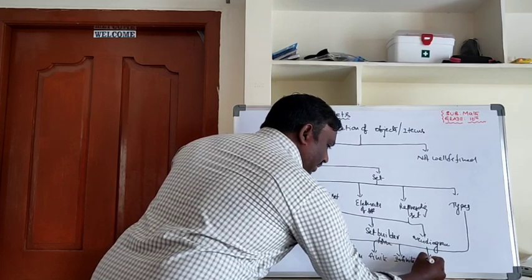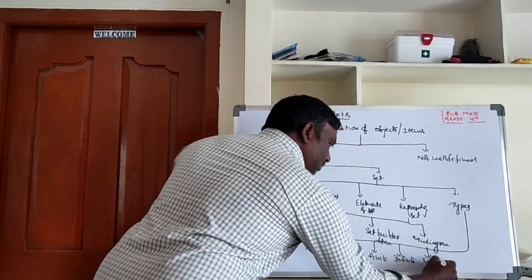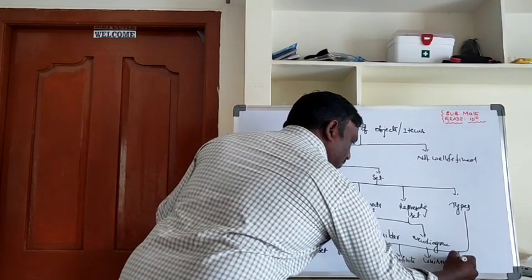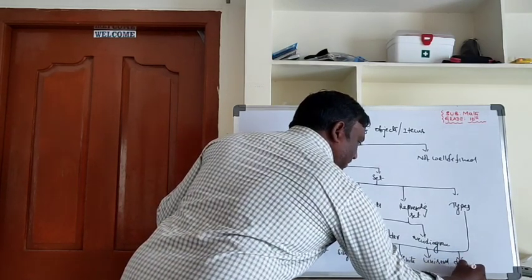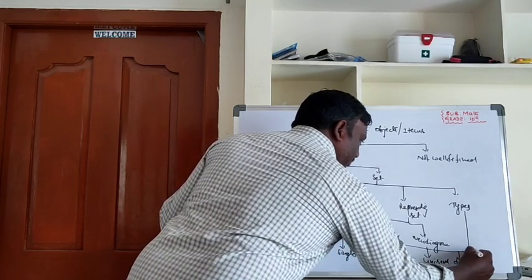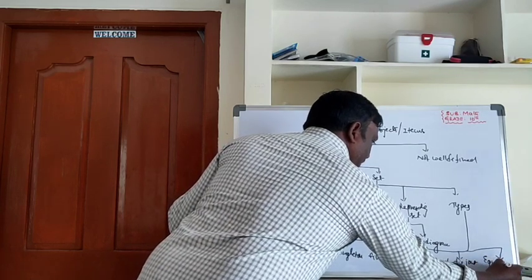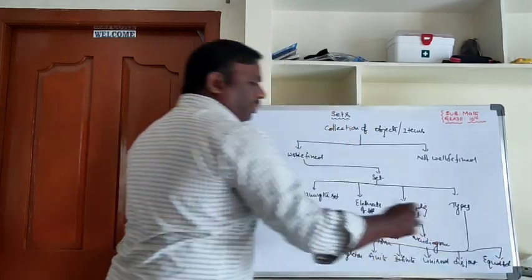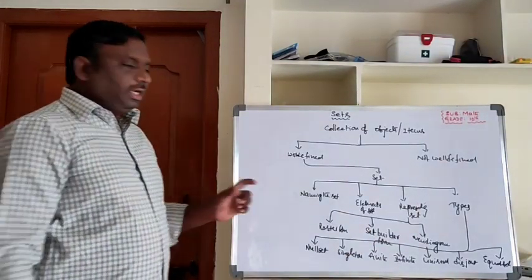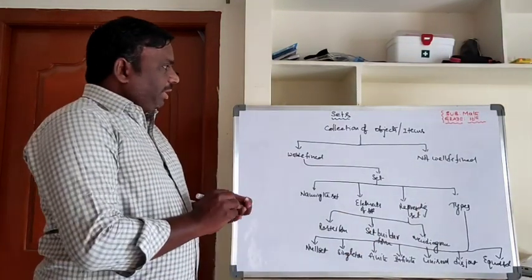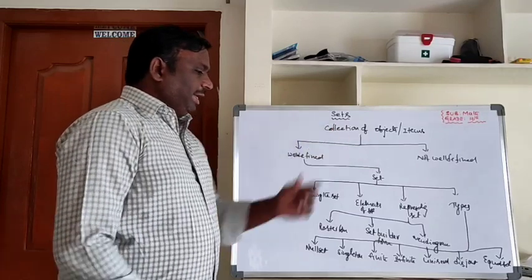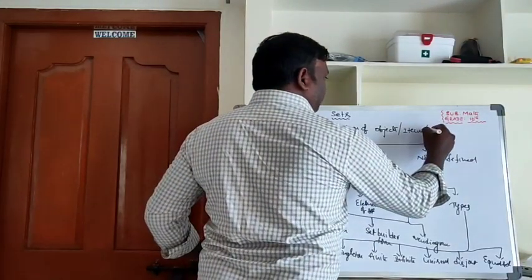Next one is universal set, disjoint set, and equal set. One more is there, that is equivalent set. This is the mind mapping.